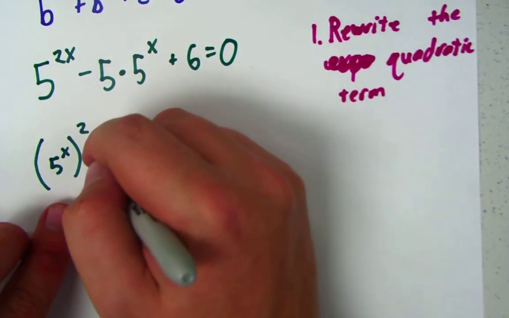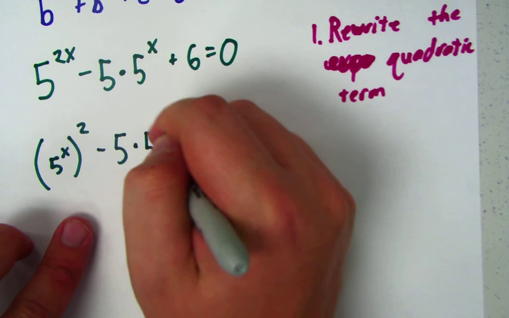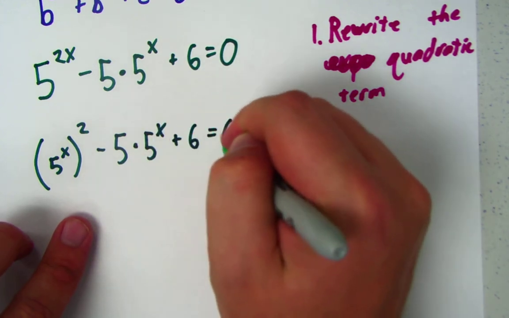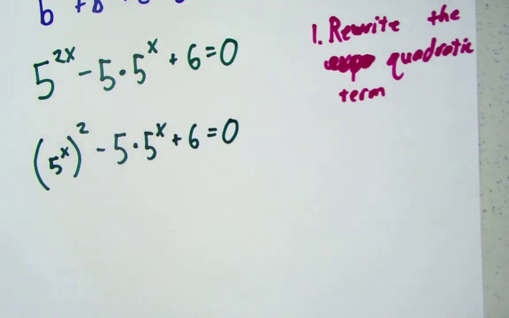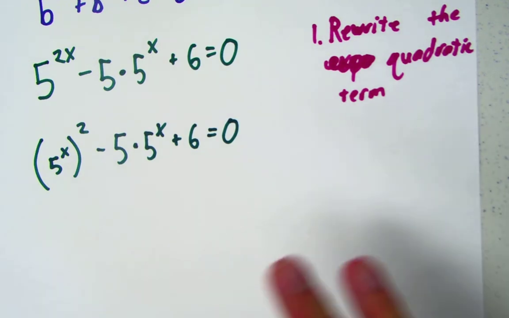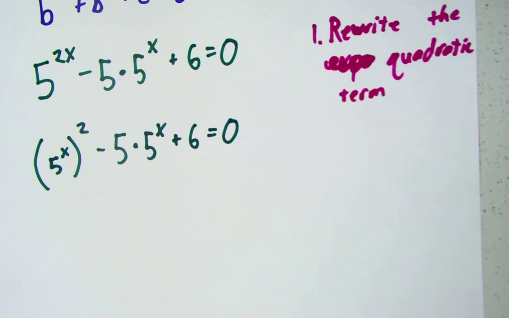You do it like that because now this is an equation all about 5 to the x. We use substitution when we have a problem that's ugly and we want to replace the ugly parts with nice things, work on it while it's nice, and then later change it back into an ugly form.